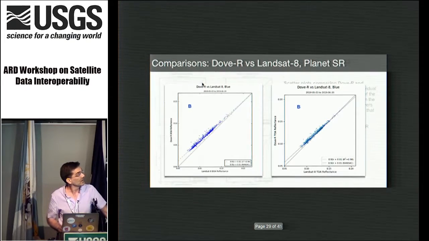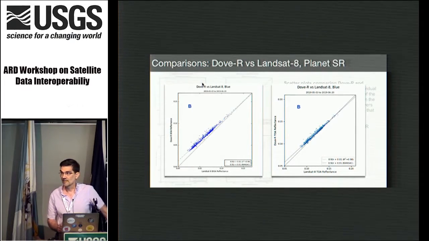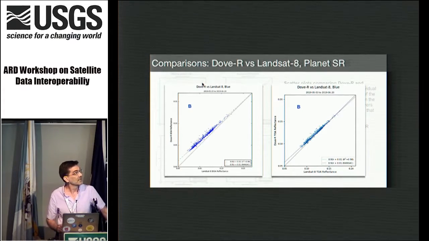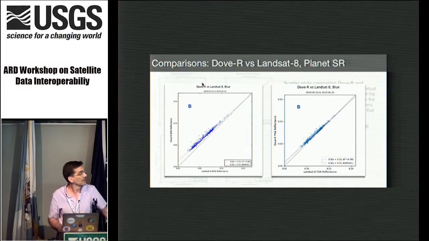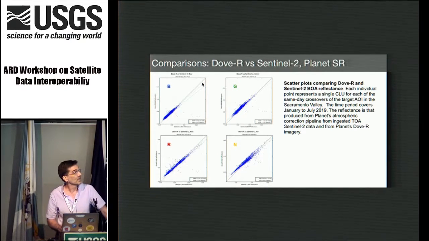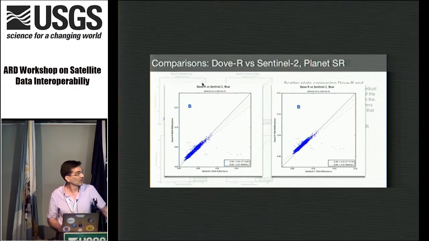There's a little bit of scatter there, but if I look at top of atmosphere Planet data versus the corrected reflectance, the scatter is actually pretty similar, so it's mostly from uncertainty in the radiance. This is the same thing, comparing it to Sentinel and DeVars. Again, quite a bit of scatter there, but a lot of it is coming from the radiance.